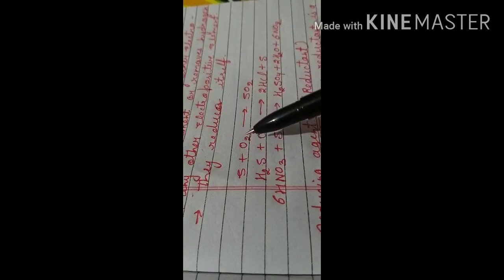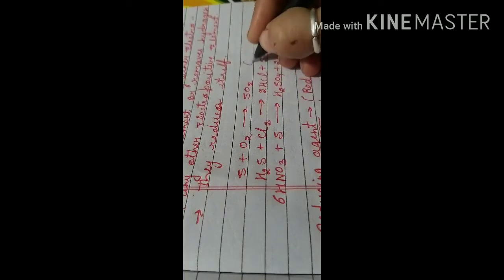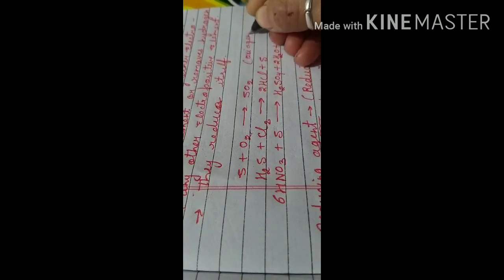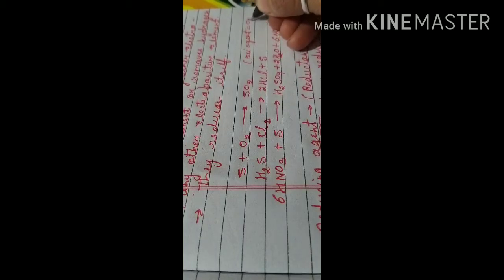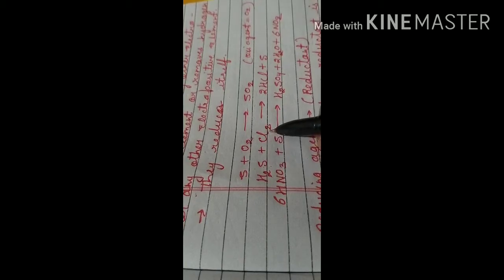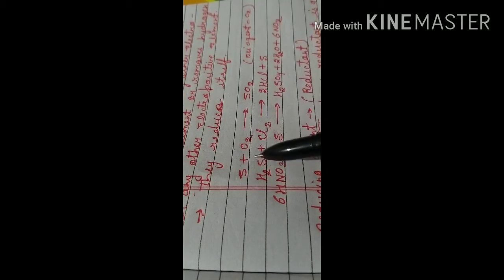Now you see here a few reactions I have written. S plus O2 is forming SO2. Here the oxidizing agent will be O2. Now in this case, H2S plus Cl2 is forming HCl and S. Here what is the oxidizing agent?